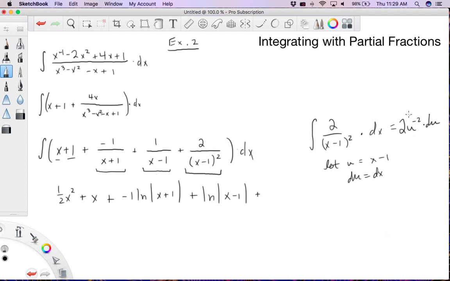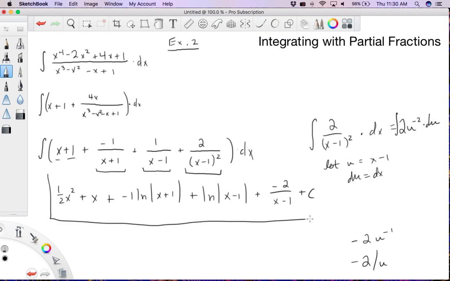And that integral works out to be, I think, just -2 u to the negative 1, or negative 2 over u. At that point, you plug u back in. So this is going to be negative 2 divided by u, which is actually x minus 1, and then plus some constant. There's your answer.